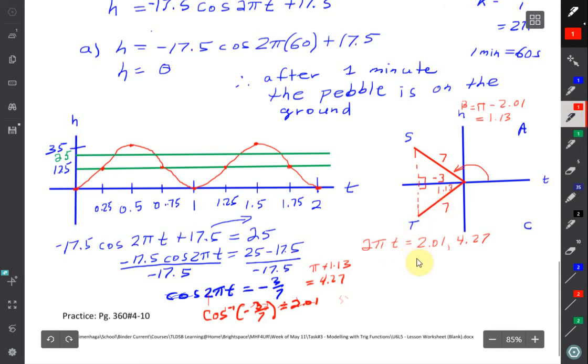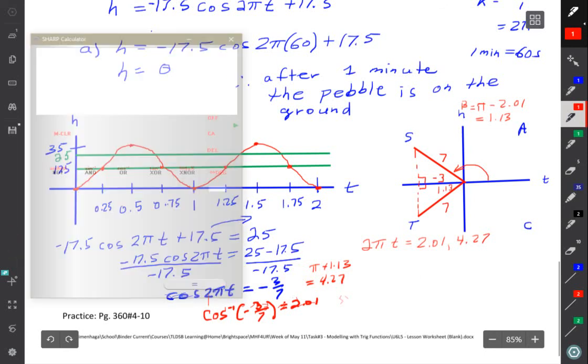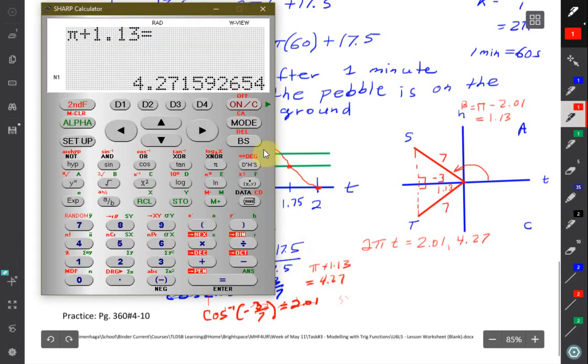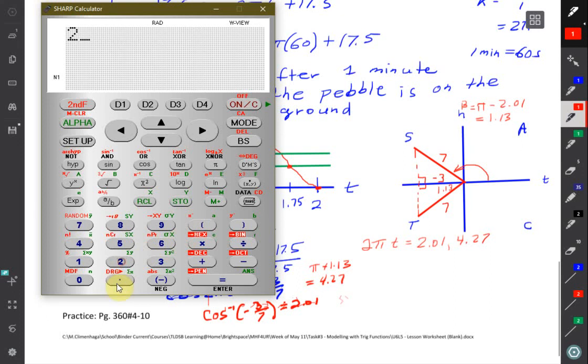So basically, to get the next two values, we need to add 2 pi to each of these. So we'll just do that on our calculator. 2.01 plus 2 pi, full circle around, is equal to 8.29.